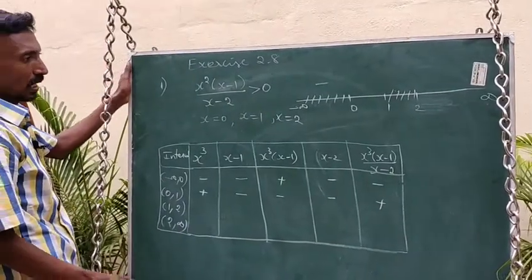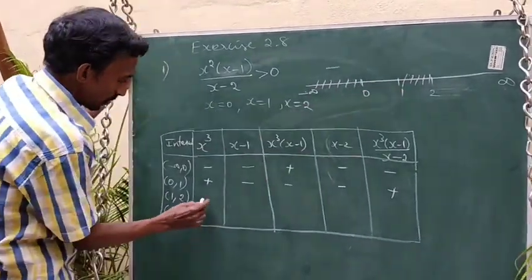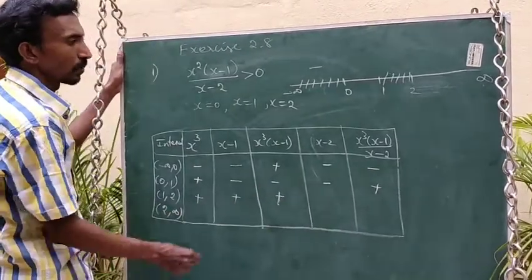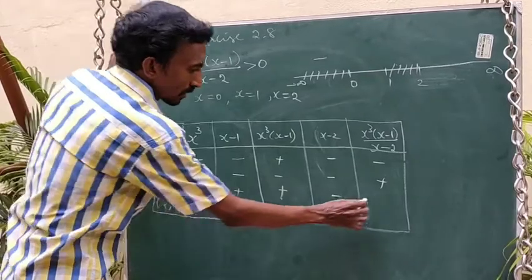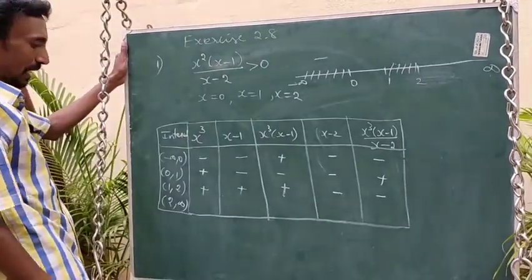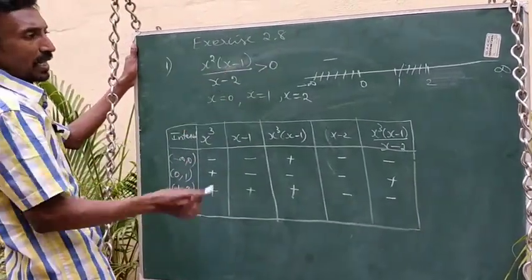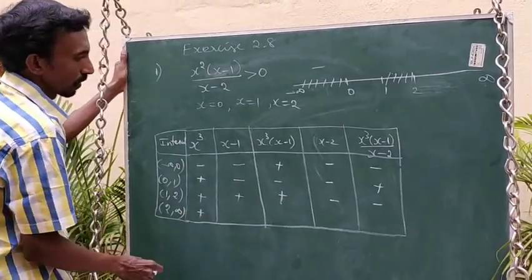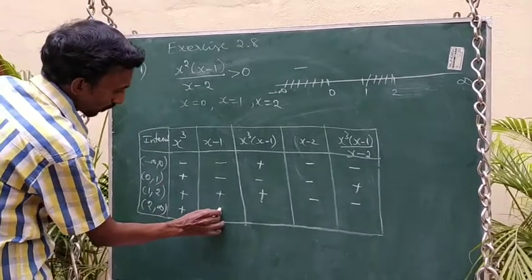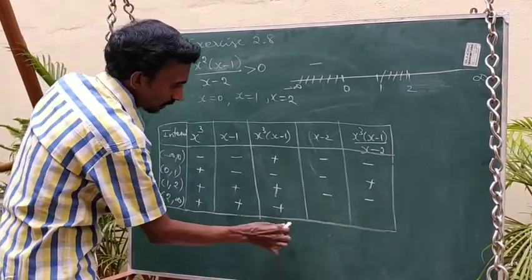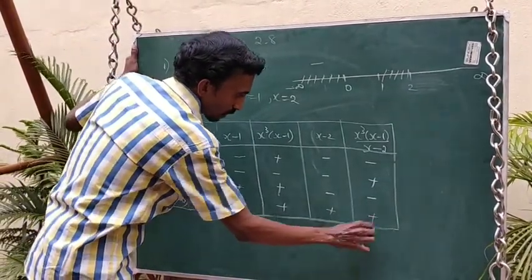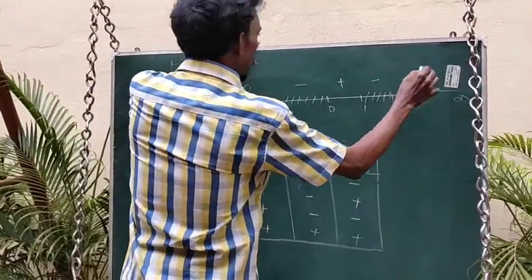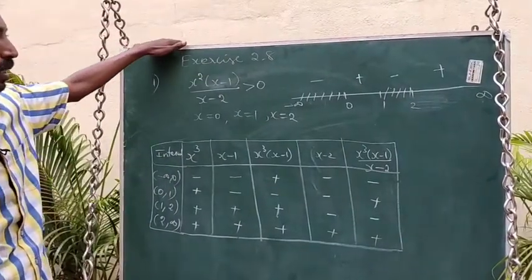Similarly, put 1.5: positive, positive, so the numerator is positive, and the denominator is negative, so positive by negative, negative. Next, put any value greater than 2: positive, positive, positive. So the total is positive. So the signs are positive, negative, positive, and so on across the intervals.